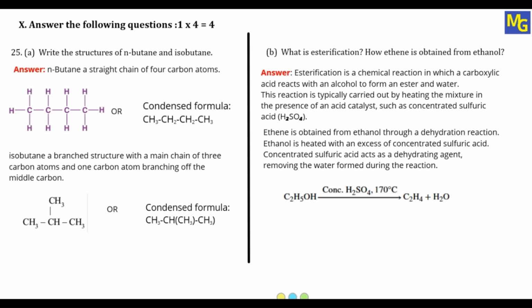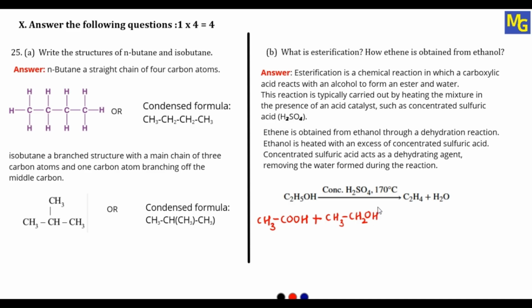So if we write the reaction of this esterification, it will be like this. We take ethanoic acid as the carboxylic acid. So I'll write it here, CH3COOH. This is our ethanoic acid and this we will react with ethanol, that is CH3CH2OH.